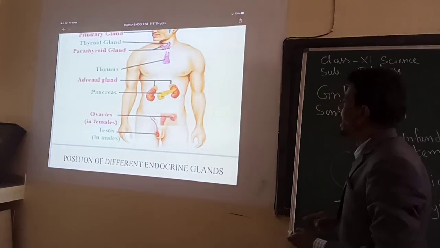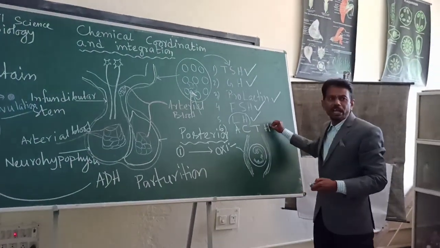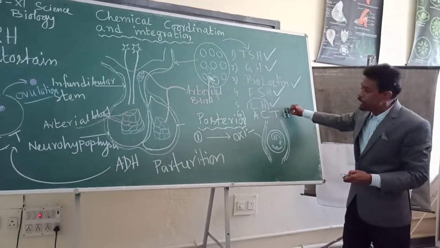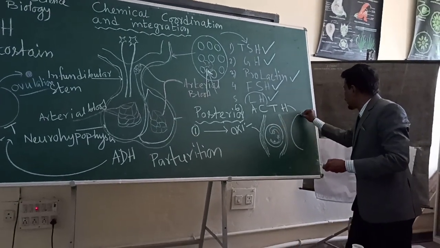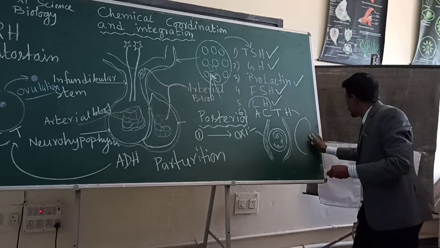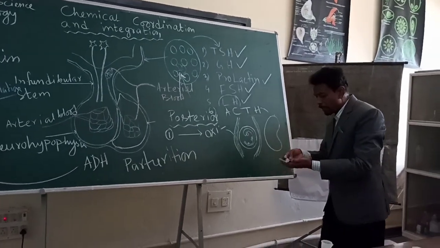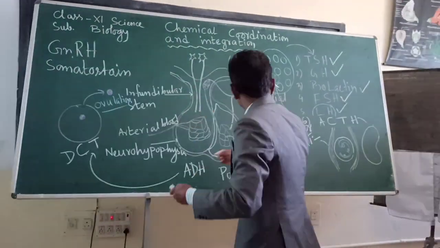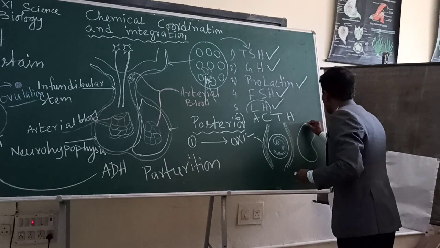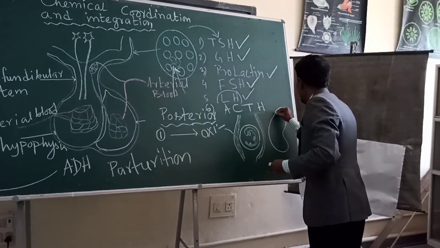So this adrenal gland, when the ACTH hormone is secreted from the anterior pituitary, it will act on it. This is the kidney, and in the form of a cap, this adrenal gland is present over both kidneys.